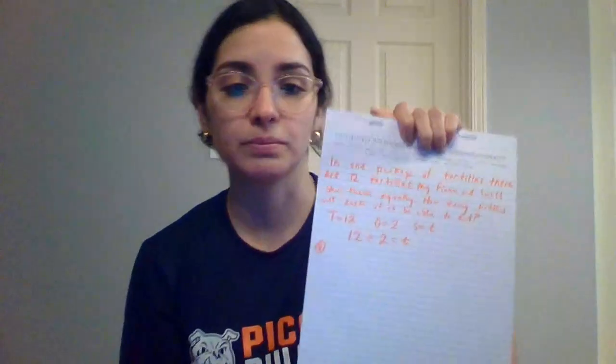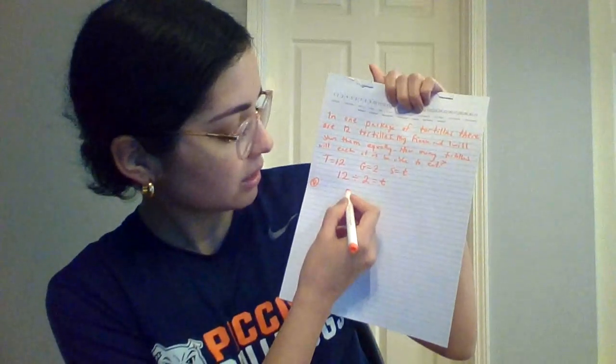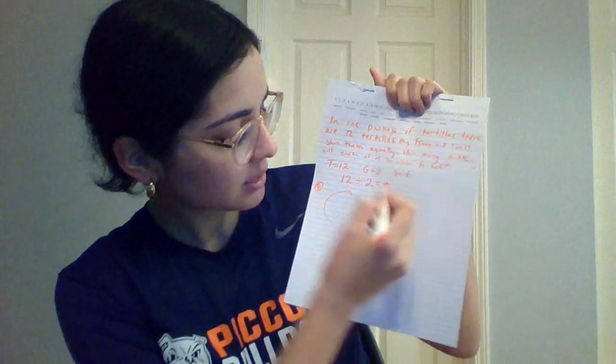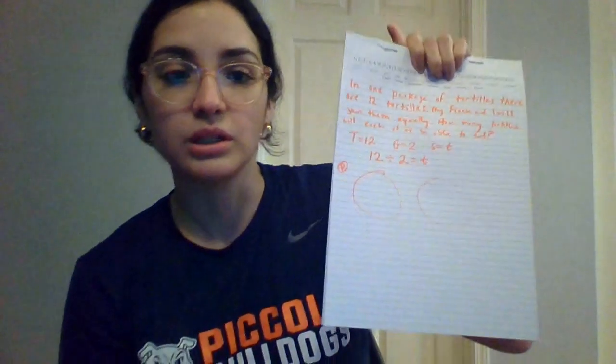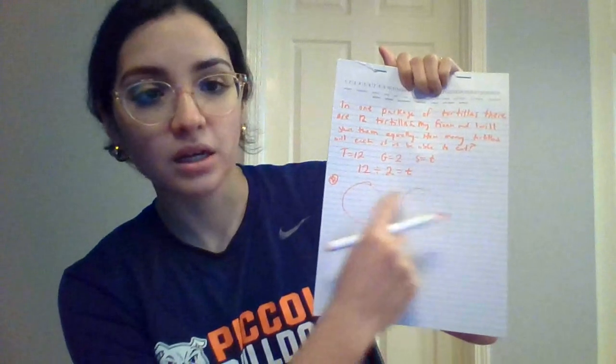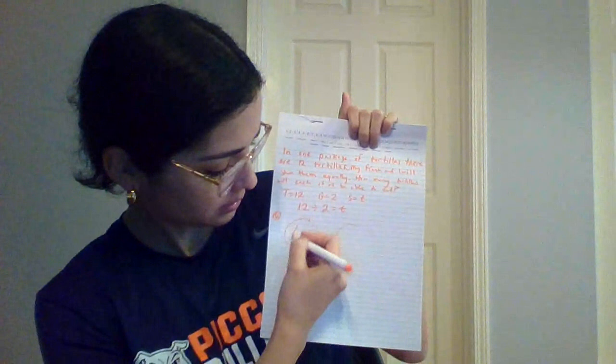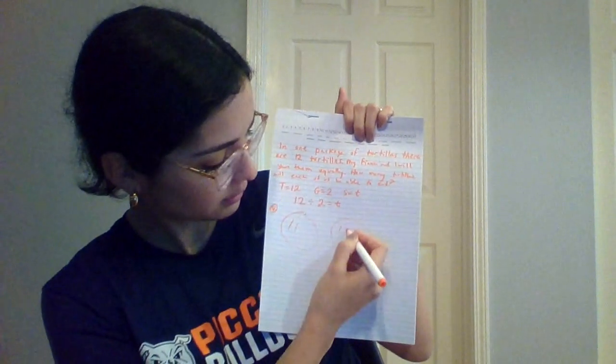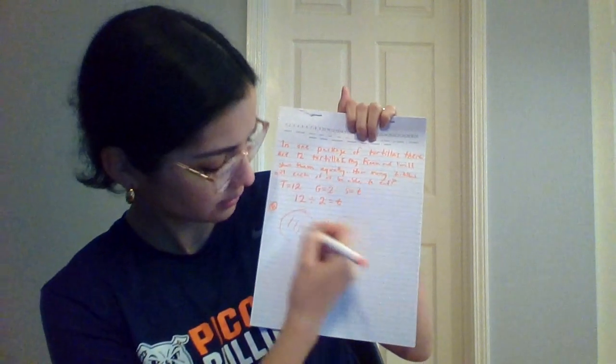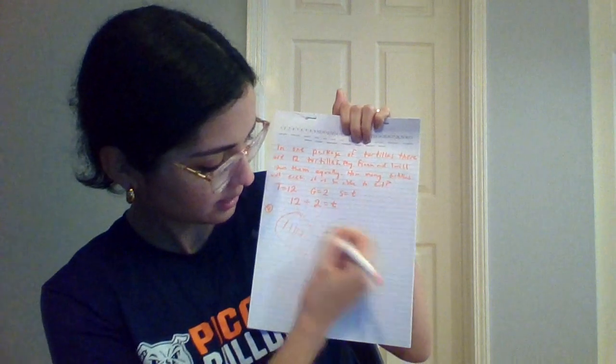I'm going to just show the distributive strategy or break apart strategy where you just distribute out your total to your number of groups. So I'm going to go ahead and draw out 2 groups, and I'm going to distribute this 12 equally until I get to the total. 1, 2, 3, 4, 5, 6, 7, 8, 9, 10, 11, and 12.